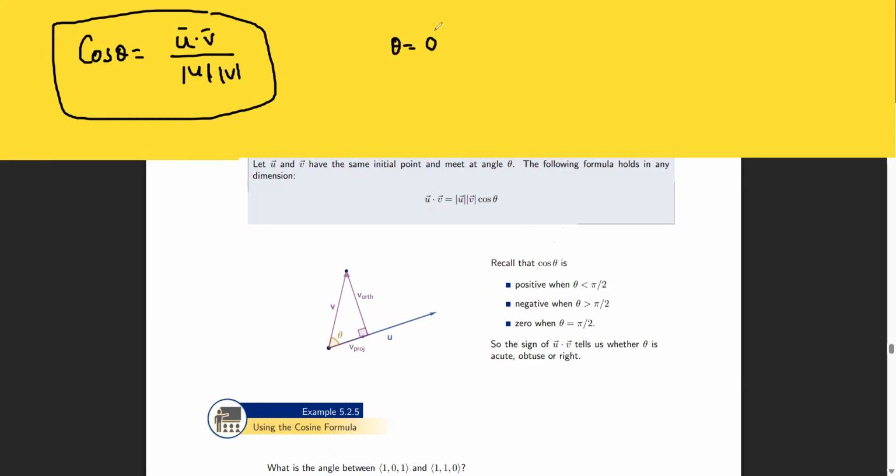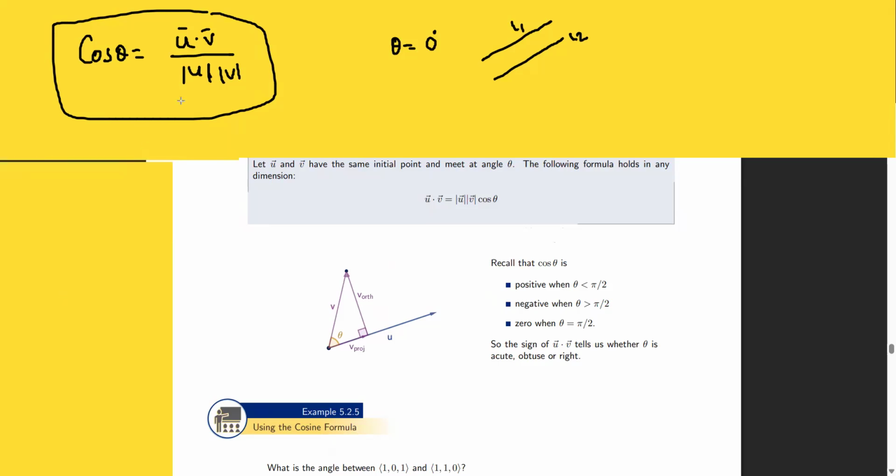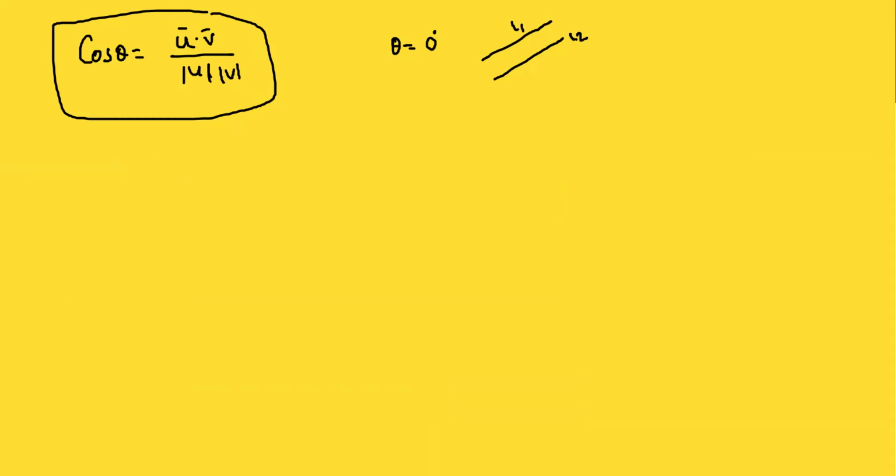If theta is zero, it means when the angle between two lines is zero, then they are parallel, right? If cos theta is equal to zero degrees, cos zero is one, right?